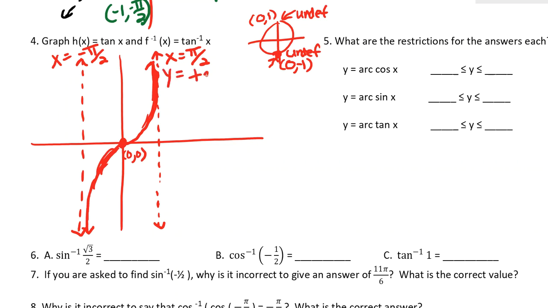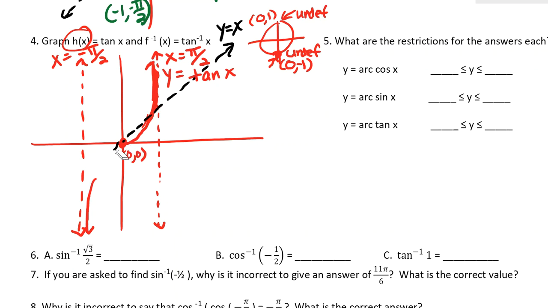So this is y equals tangent x. Here I called it h of x equals tangent x. And now we want to fold it again across the 45-degree line for its inverse. Let me do some erasing here before we get too far.